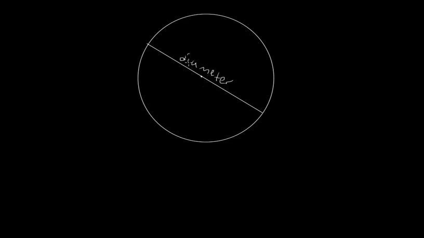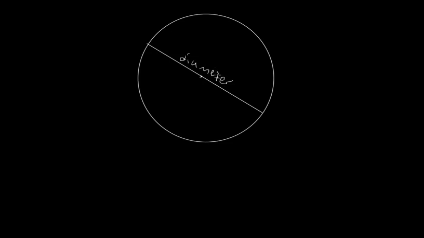The diameter of a circle is the same at any point passing through the center to the opposite end of the circle. The diameter is simply made up of two radii, meaning there is this radius from the center to this end, and then there's also this distance from the center to the other end.